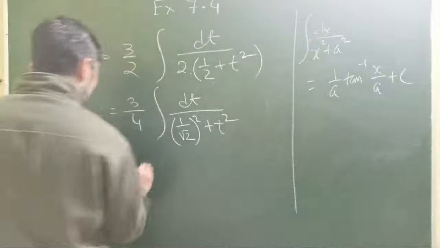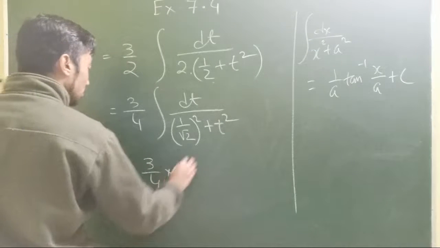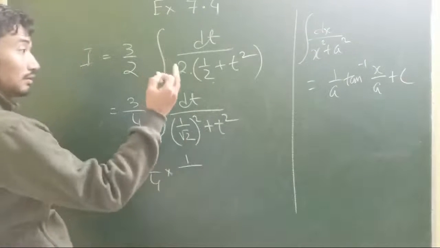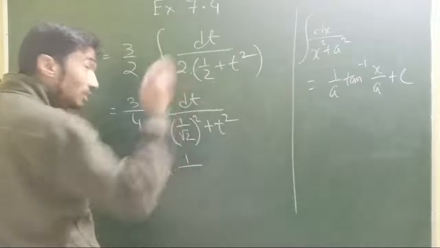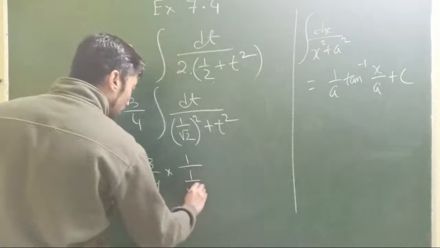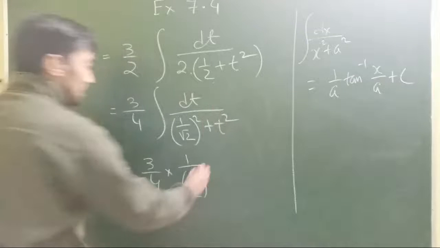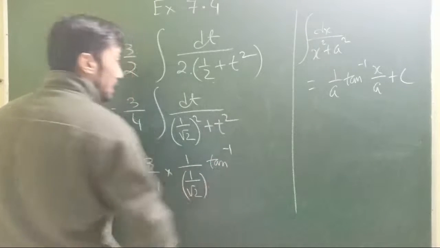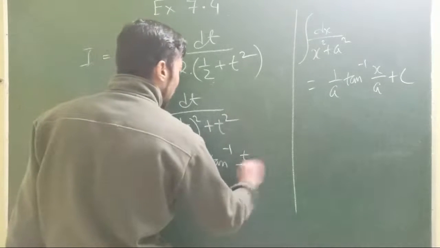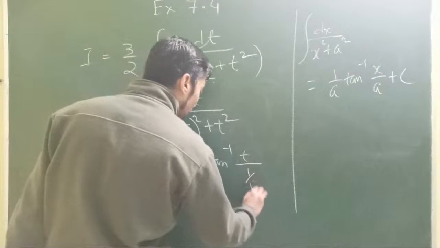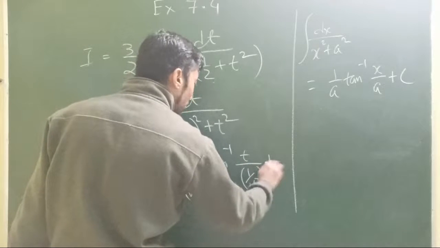So that will be 3 by 4 into 1 by a. What is the value of a here? 1 upon root 2. Careful. Tan inverse, of course our variable is t, by a, again 1 by root 2, plus c.